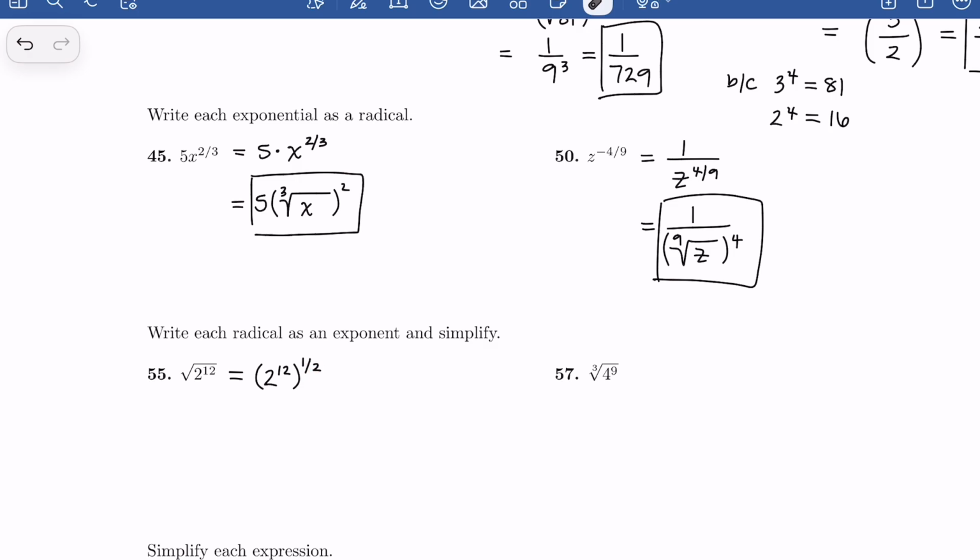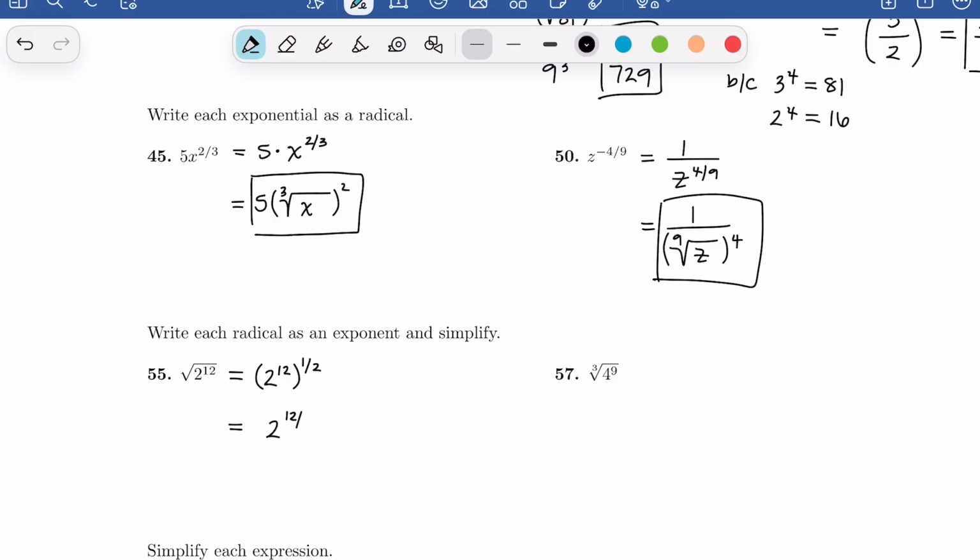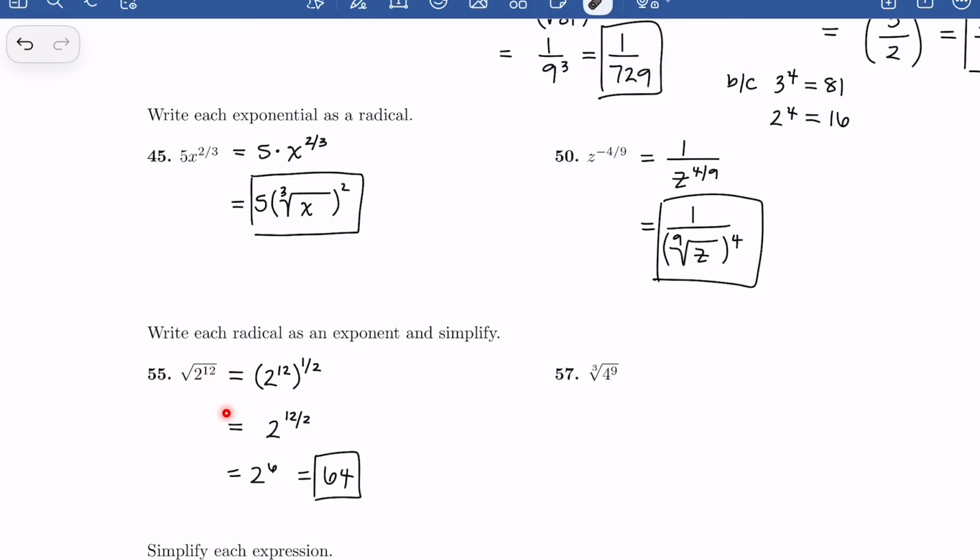Now let's use our exponent rules to simplify. This is the same thing as 2 raised to the 12 divided by 2, which is 2 raised to the 6th power, which is 64. So this entire radical expression simplifies to 64.